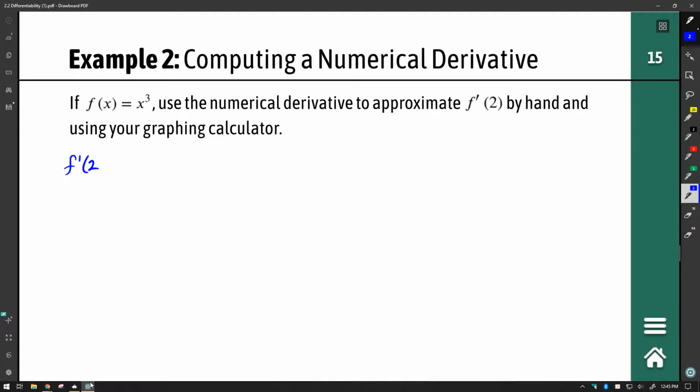F prime of 2 is approximately equal to f of 2 plus 0.001 minus f of 2 minus 0.001 all over 2 times that, so 0.002. All right, let's use our graphing calculator to do this.